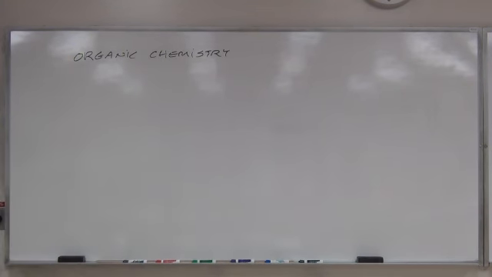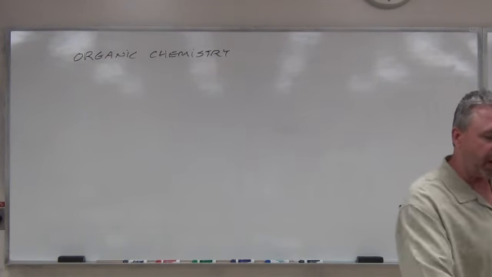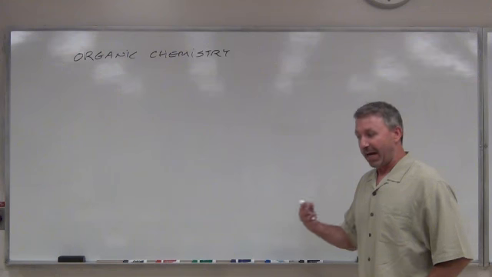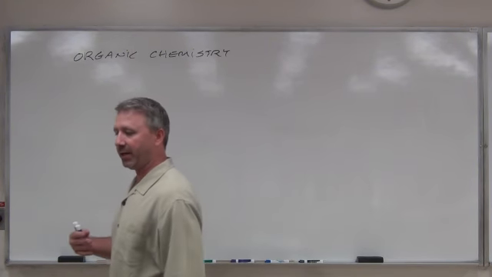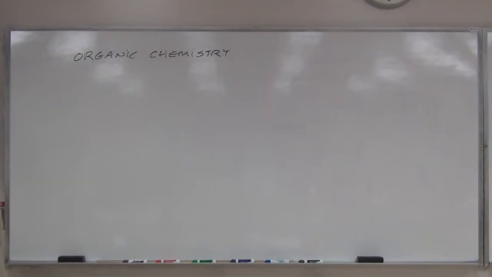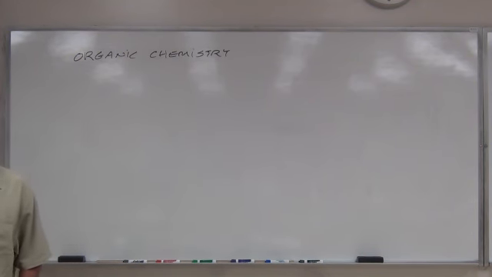Organic chemistry historically was once defined as the study of the structure and function of molecules that originated from living organisms. It had to come from something living in order for it to be organic in nature. That would be as opposed to something from mineral sources.